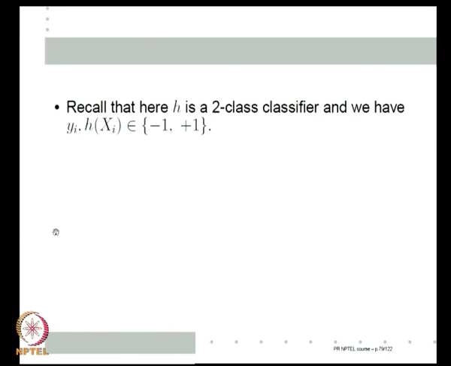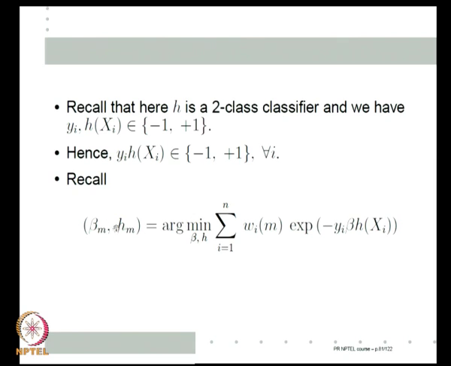To show this, let us first remember that both y_i and h(x_i) are minus 1 or plus 1, since we are only considering the binary two-class case. Because of that, the product y_i h(x_i) is also minus 1 or plus 1. Now, this is what I want to optimize. Inside the exponent I have y_i h(x_i), forget about the beta. The factor y_i h(x_i) takes only minus 1 or plus 1 values.